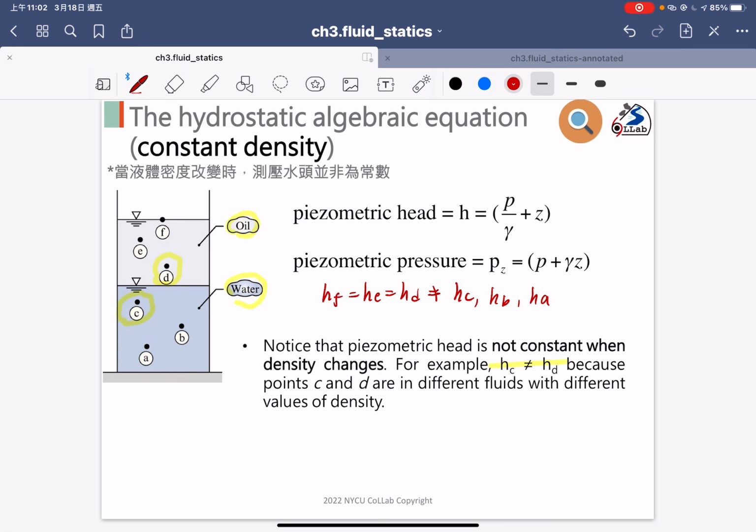And I can also say HA is equal to HB and equal to HC, which is also correct because they are in water with the same density. That's the idea of the constant density assumption when you apply the hydrostatic equations.